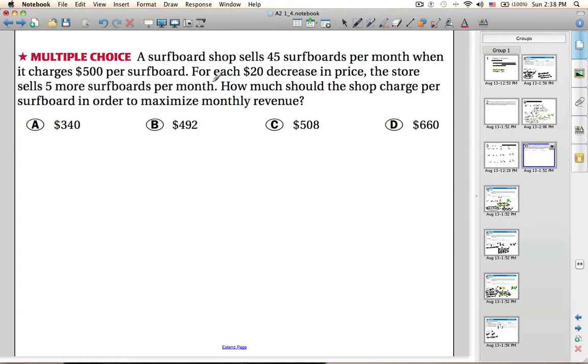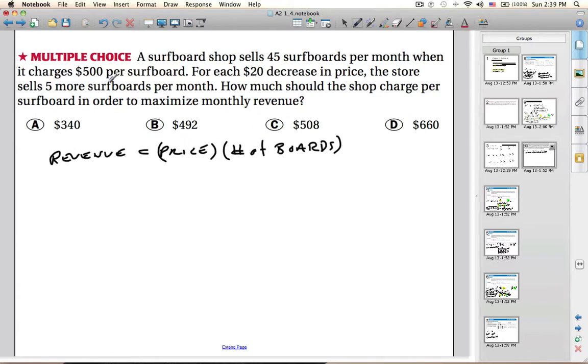Inherently here, we want to talk about revenue. So the revenue is going to be equal to what? We know that the revenue is going to be equal to the price times the number of surfboards. Right? So when I take a look at this, I go, okay, well, how do I determine the price?